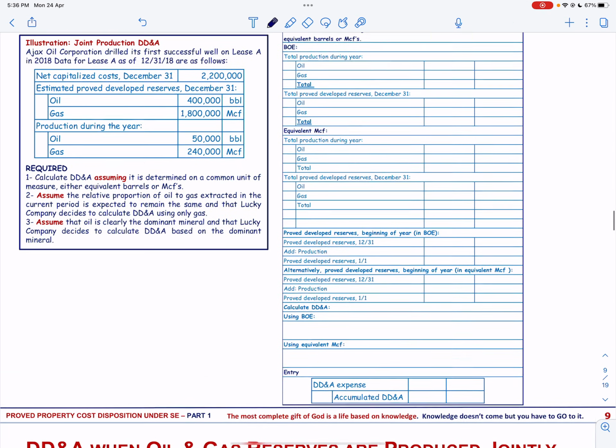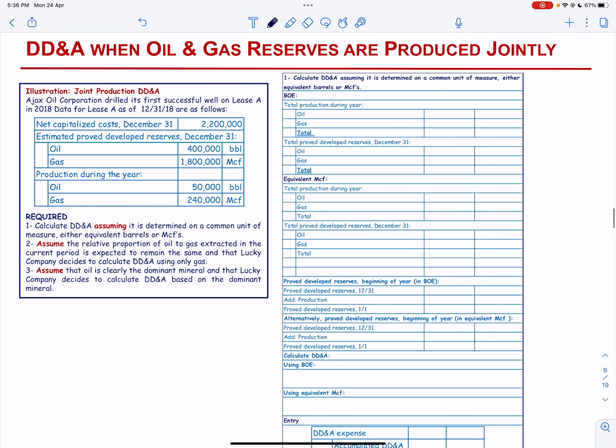Let us look at the first one, that is calculate DD&A assuming it is determined on a common unit of measure, either equivalent barrels or thousand cubic feet. So first of all, we are going to go for this calculation. It can be either equivalent barrels.